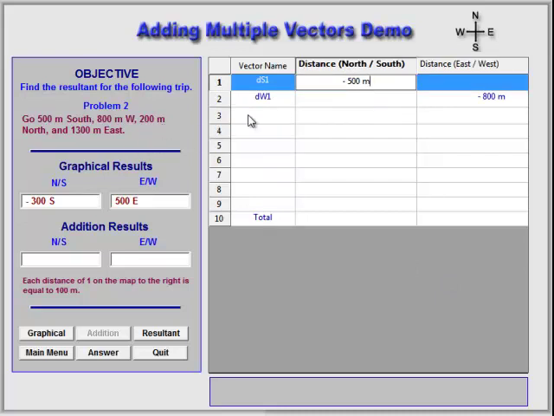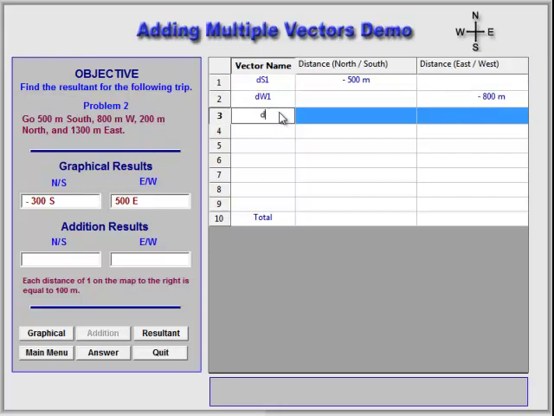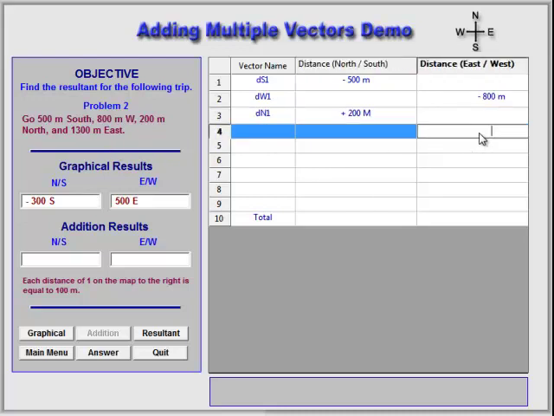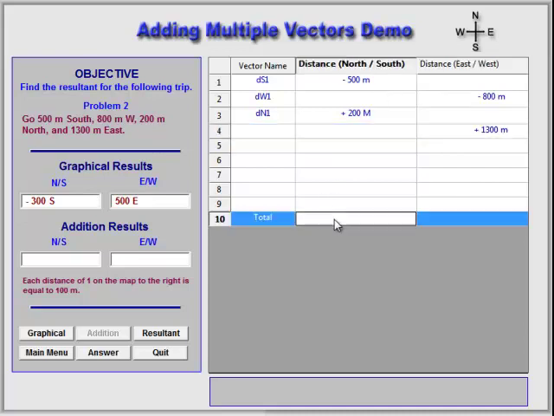The third one is 200 meters north, so that's D north 1, and that's plus 200 meters. And finally, 1,300 meters east, that's plus 1,300 meters east. And now we should be able to add these up.